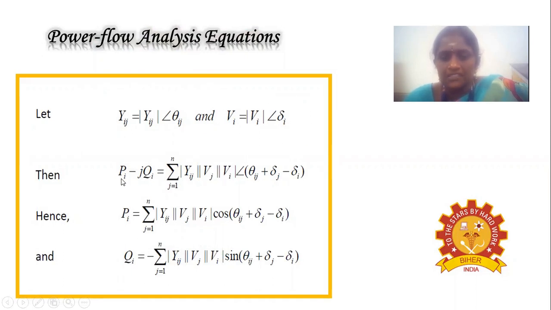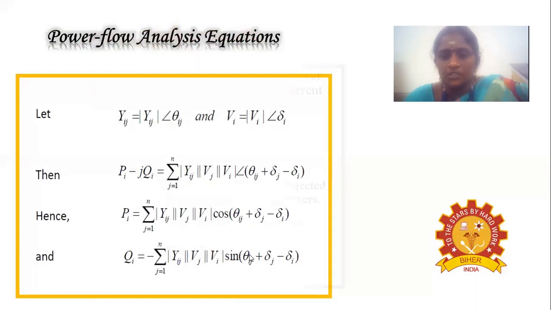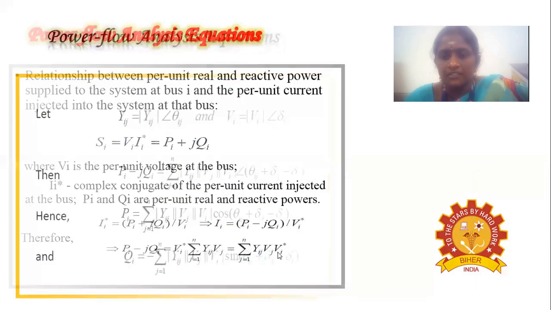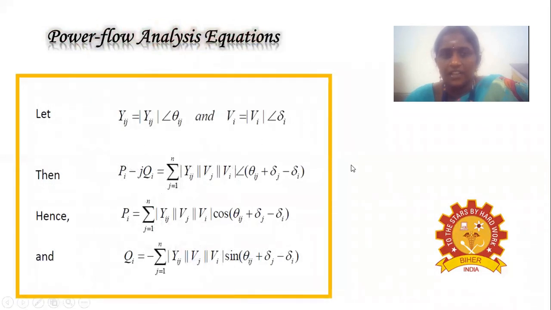So Pi minus jQi equal to, you substitute the Yij expression, then substitute the Vi expression in this equation. Now we get Pi minus jQi equal to summation of j equal to 1 to N, magnitude of Yij, magnitude of jth bus voltage, magnitude of ith bus voltage, and phase angle theta ij plus delta j minus delta i.